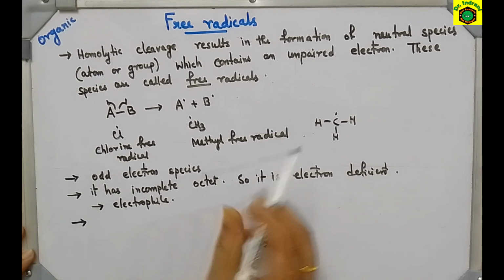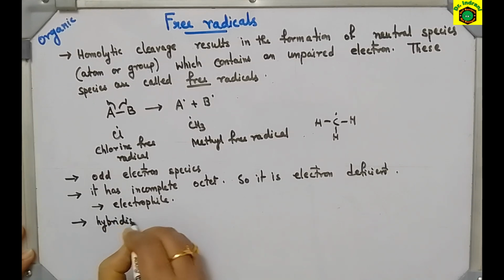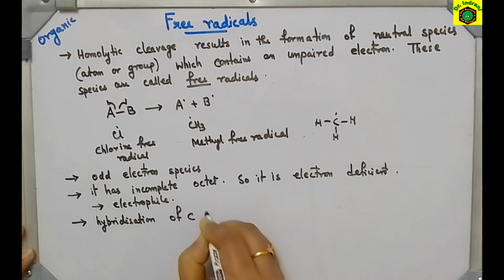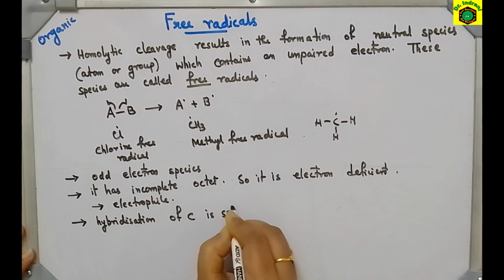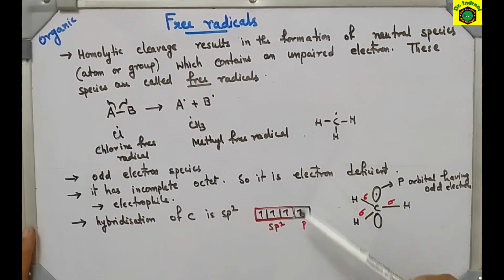Next point, hybridization of the carbon is sp2 here. sp2. In the valence shell of carbon, it is having 4 electrons.